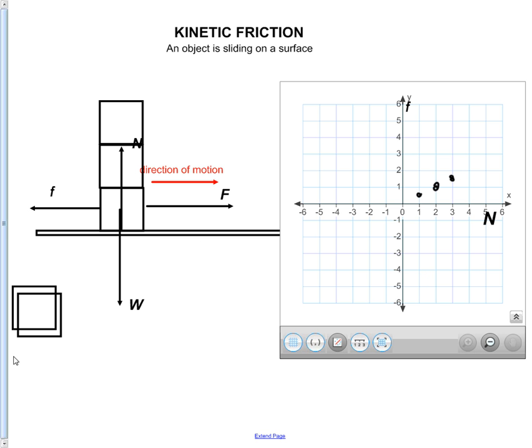And guess what? I'll play the game again. Now I've got 4 boxes. You see how it's going. Now the weight is 4 times bigger, the normal force is 4 times bigger, and once again I have to increase F. So I do that, and I get another data point.